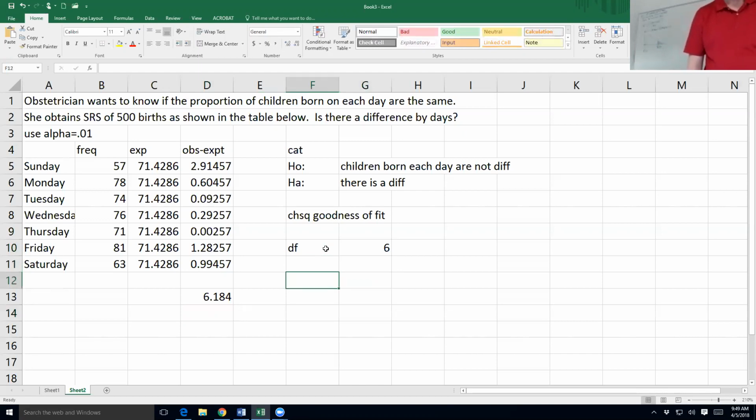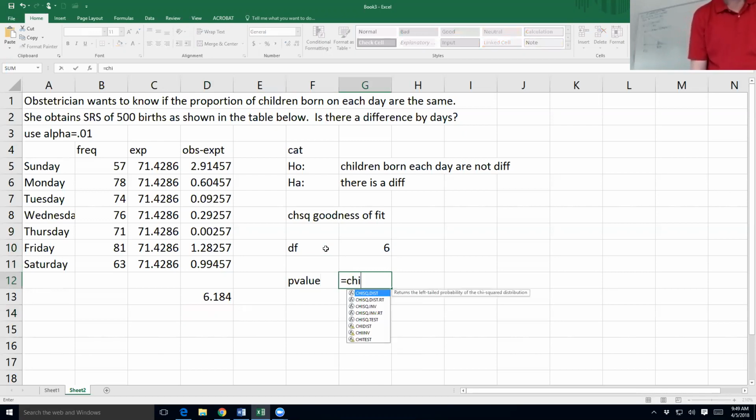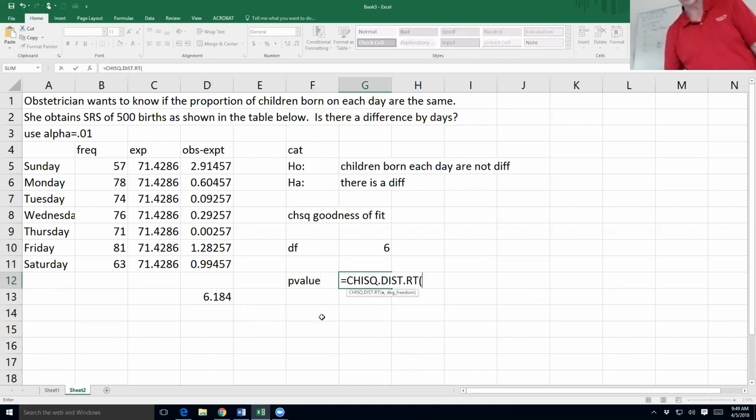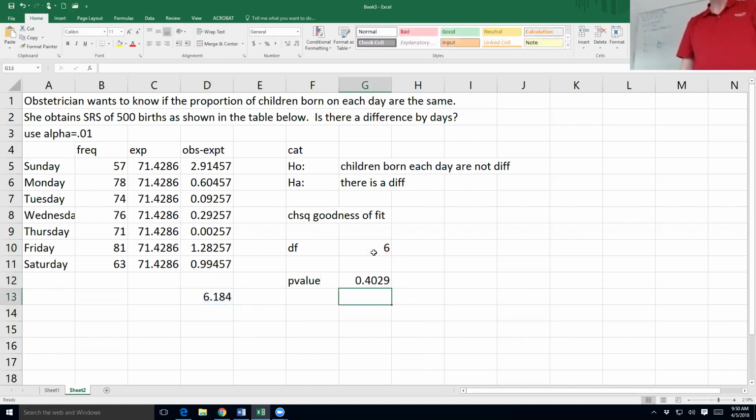Okay, I'm going to find my p-value, which is chi-square dist on the right tail. That number, degrees of freedom, 6.40. Okay, so therefore, do not reject.